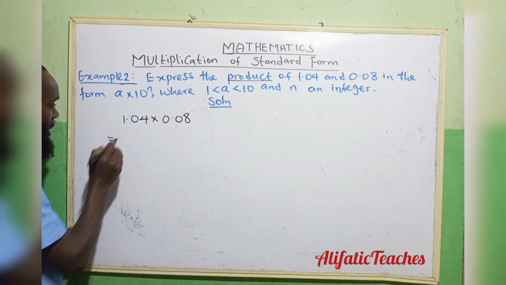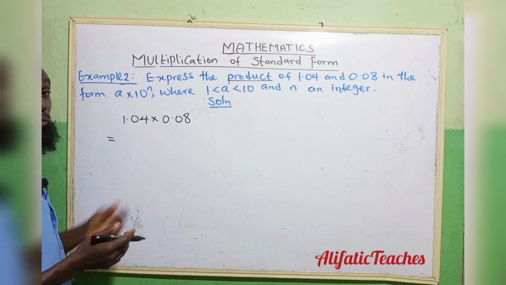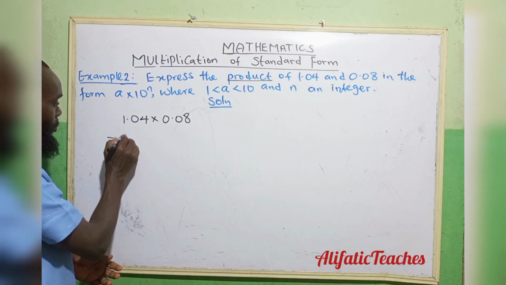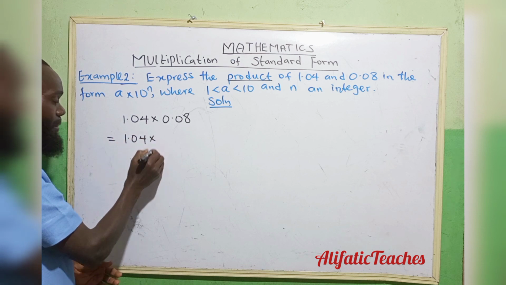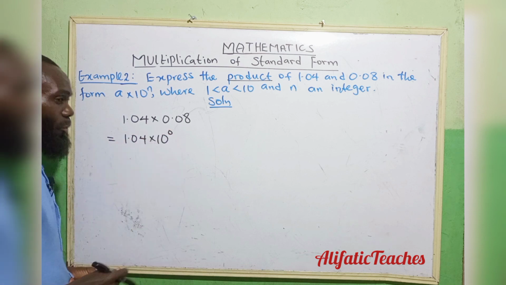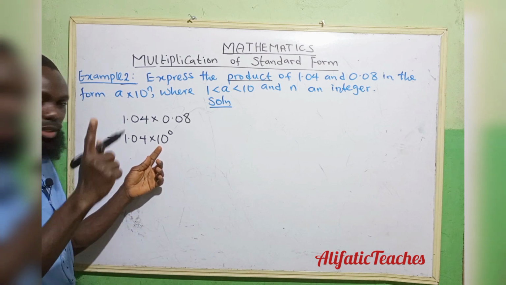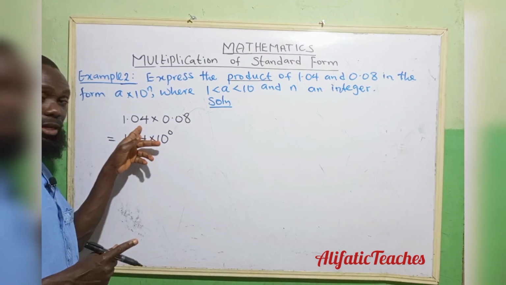First of all, this one is already in standard form. Let's just put a power of 10: 1.04 times 10 raised to the power 0. We put 10 raised to the power 0 because anything to the power 0 in indices means 1.